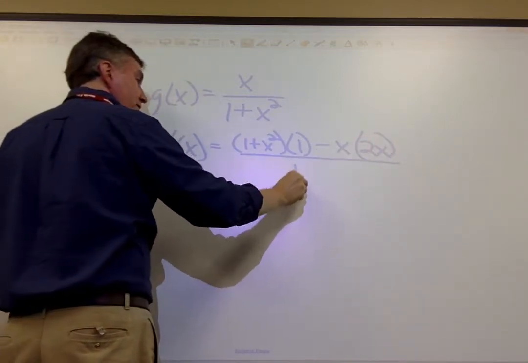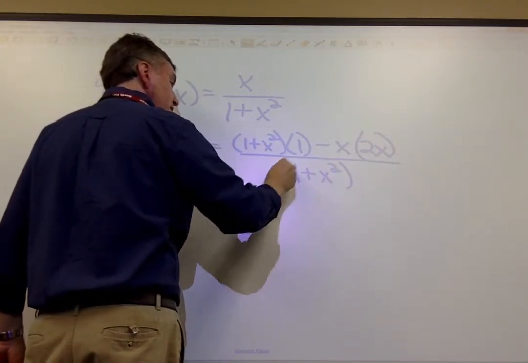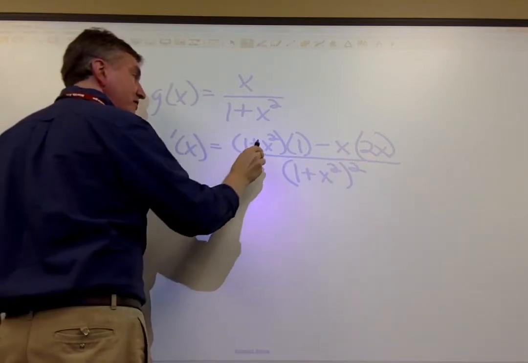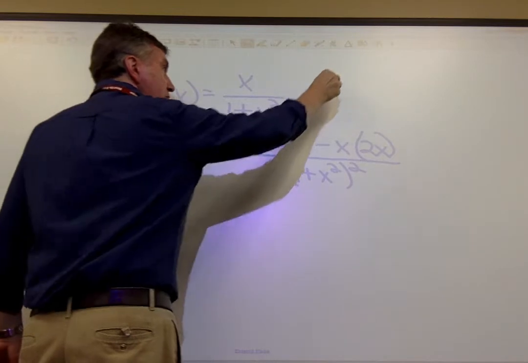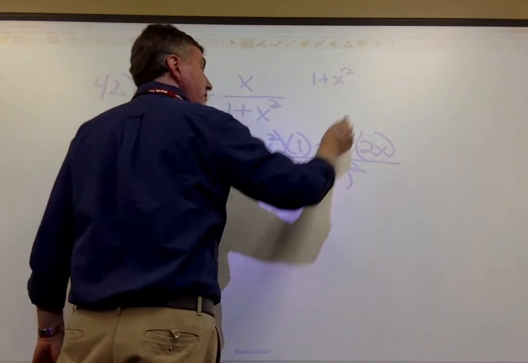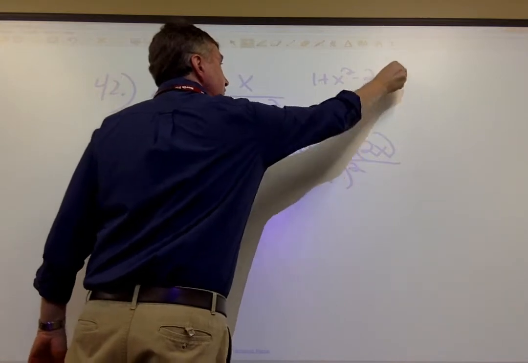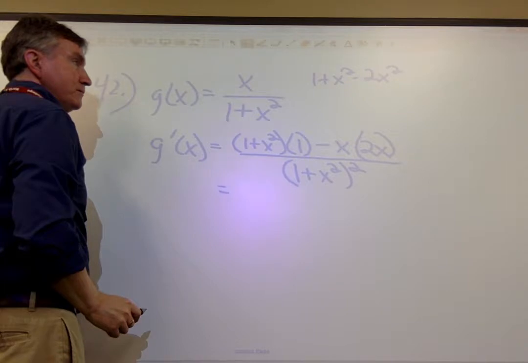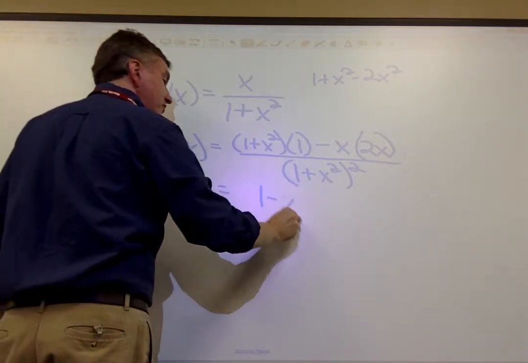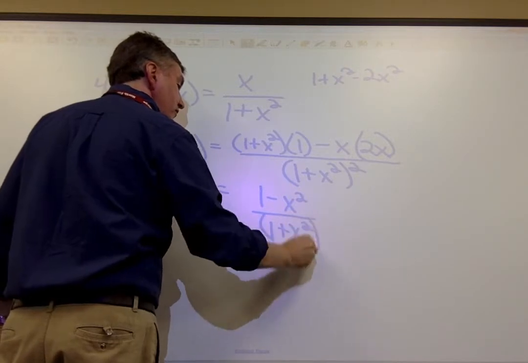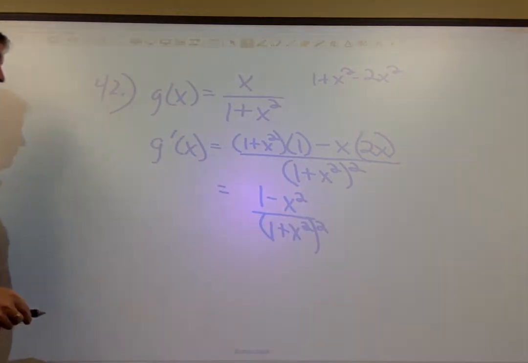Over what? Let's simplify that just a little. That's going to be, if I wrote it up here, 1 plus x squared minus 2x squared. What's that? 1 minus x squared over 1 plus x squared squared. Okay.